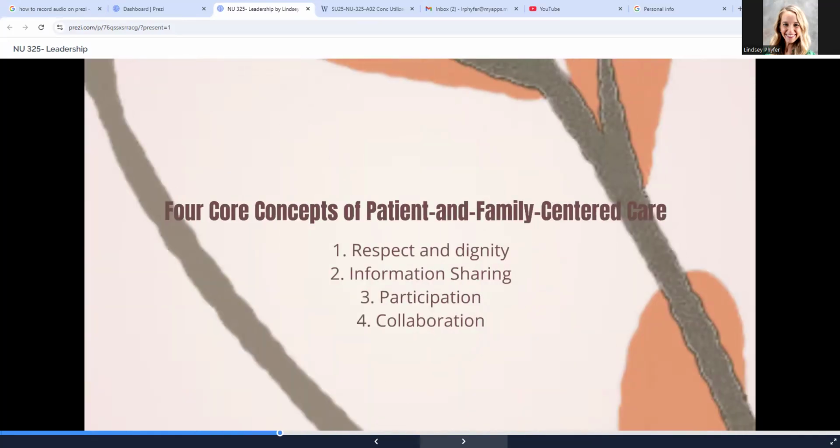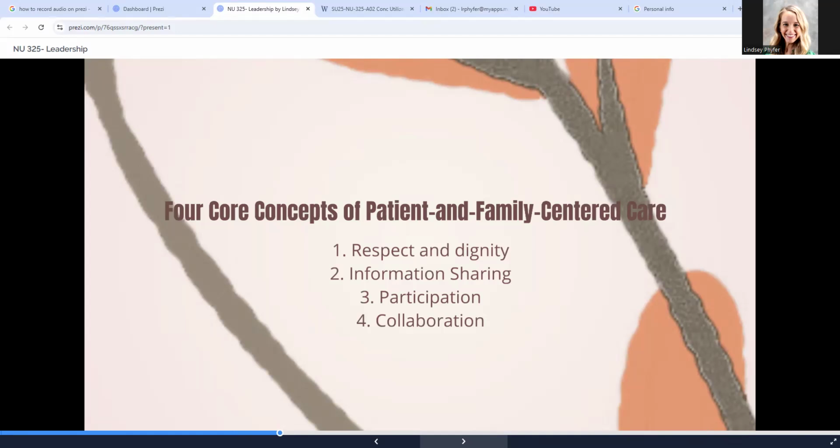There are 4 core concepts when it comes to patient and family-centered care. And nurses are going to support and promote patient engagement and empowerment when using this model. The whole purpose of patient and family-centered care is to help the patient and their family feel like they're engaged in their health care and are able to help make some major medical decisions.